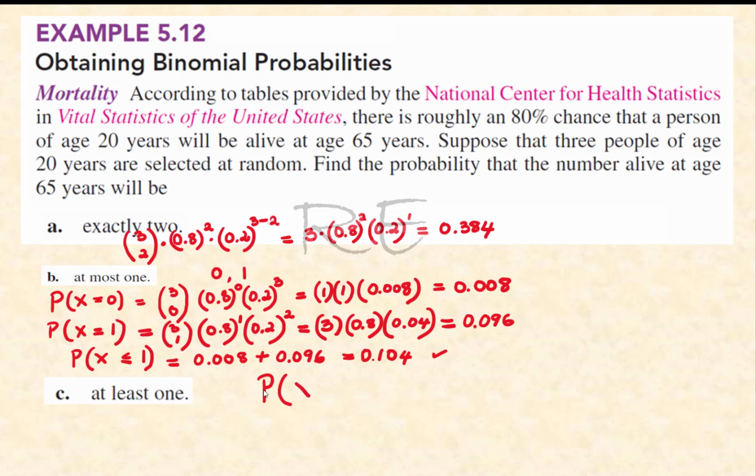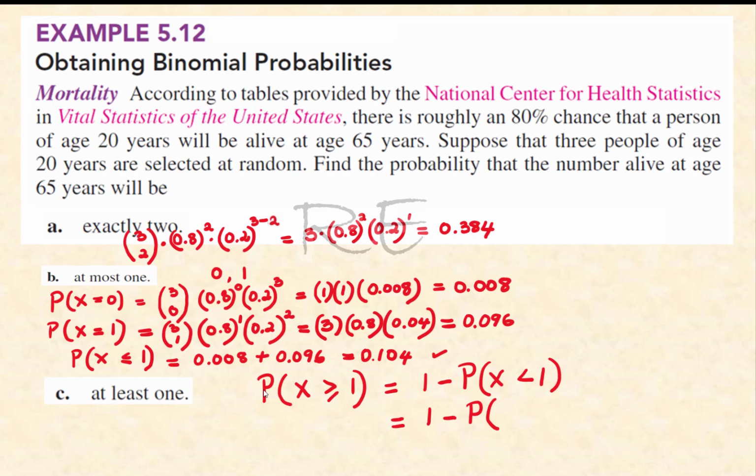At least 1 means X is greater than or equal to 1. So we can use the total probability: 1 minus the probability that X is strictly less than 1, in other words, X is below 1.